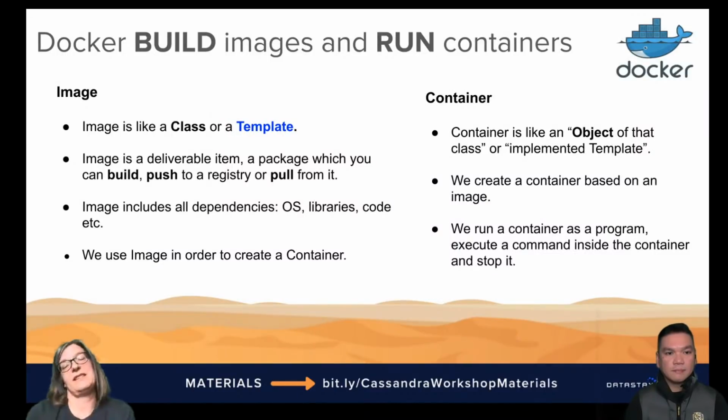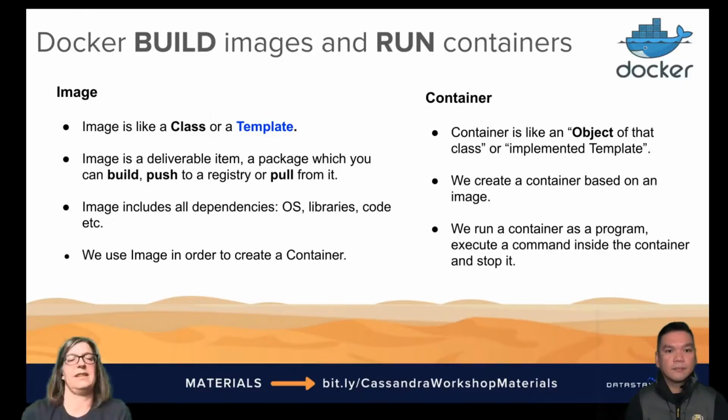And so there's basically two different things we want to consider. One is that we're building the image, right? We need an image, which is almost like a template of your application. And this includes everything. It's fully packaged. And we then use this image to instantiate the container, or to run the container.